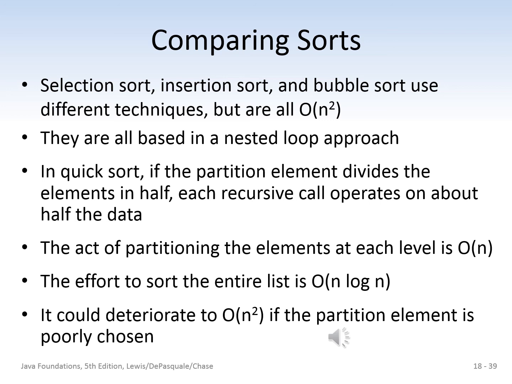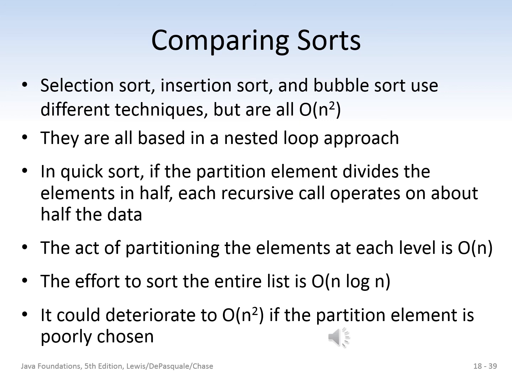In quicksort, if the partition element divides the elements in half, an important aspect, each recursive call operates on about half the data. So when we partition, the effort at each level is O of n.